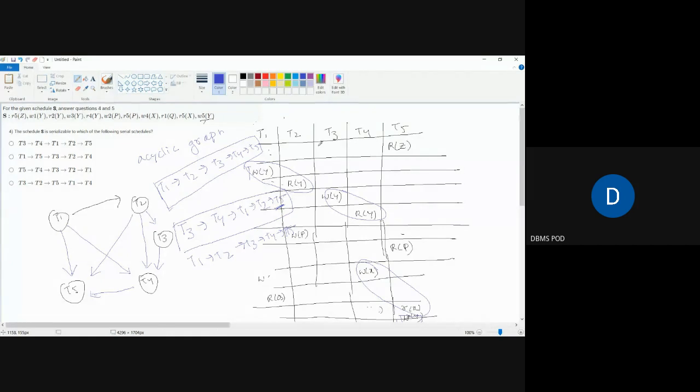You have to see, for all the data items, the final write should be the same. Z is a data item, Y is a data item. For the Y data item, the final write is done by T5, right? Yes, for Y it is T5. For P, it is T2, so T2 will be the last. Then after that, does any transaction do a final write for the P data item? No, sir. So you can write T2 also, right?